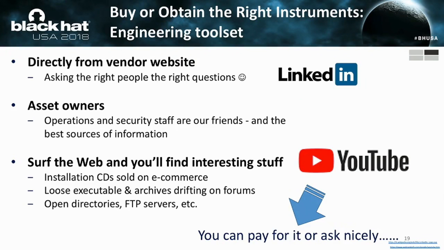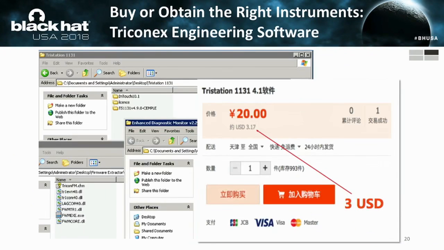or you can look online, and again you will find lots of interesting resources that give you that software. So for example, in this case, for having the full engineering toolset to talk with the TRITON system, if you go on this Chinese website, I don't know how many of you recognize it, but it's very famous in China, Alibaba, for $3.